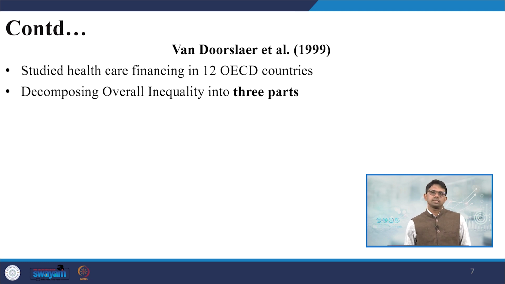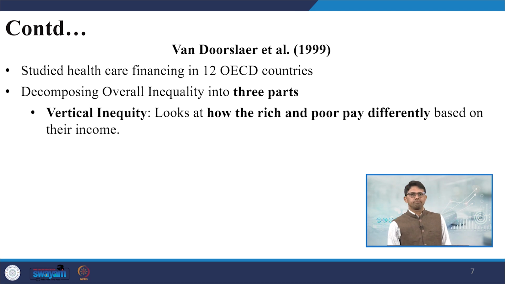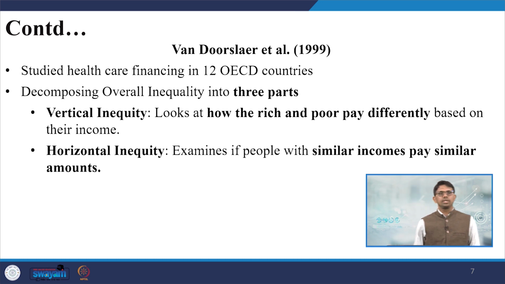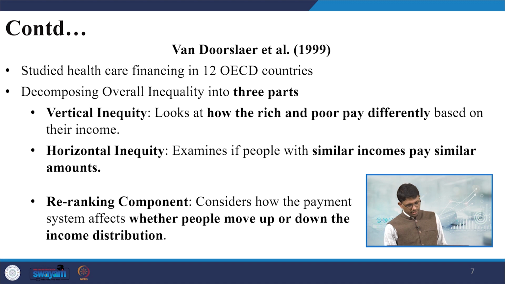1999 emphasis and findings. They studied healthcare financing in 12 OECD countries and decomposed the overall inequality into mainly 3 parts. One is vertical inequity, then horizontal, and the last one is called the re-ranking component. So, vertical inequity and horizontal we have largely discussed.